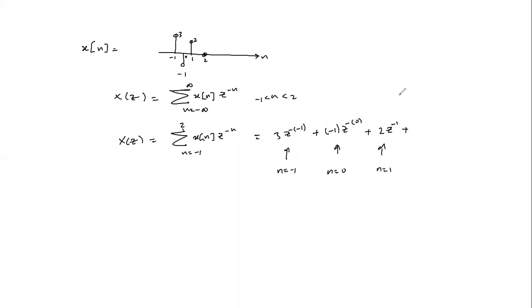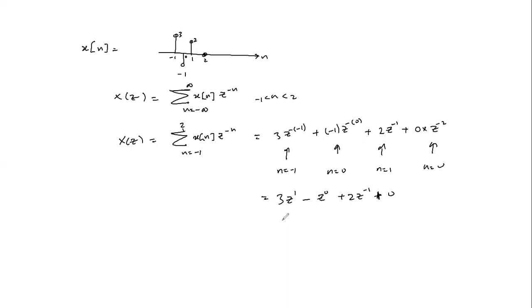At n equal to 2, the magnitude is 0, so that will be 0 times z to the minus 2. So this will reduce to 3z to the power of 1 minus z to the power of 0 plus 2z to the minus 1, plus 0.